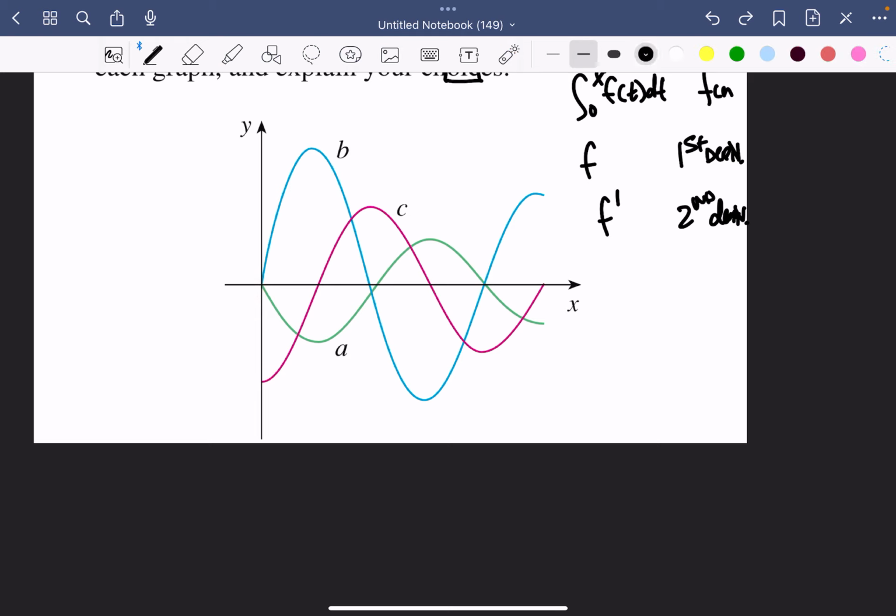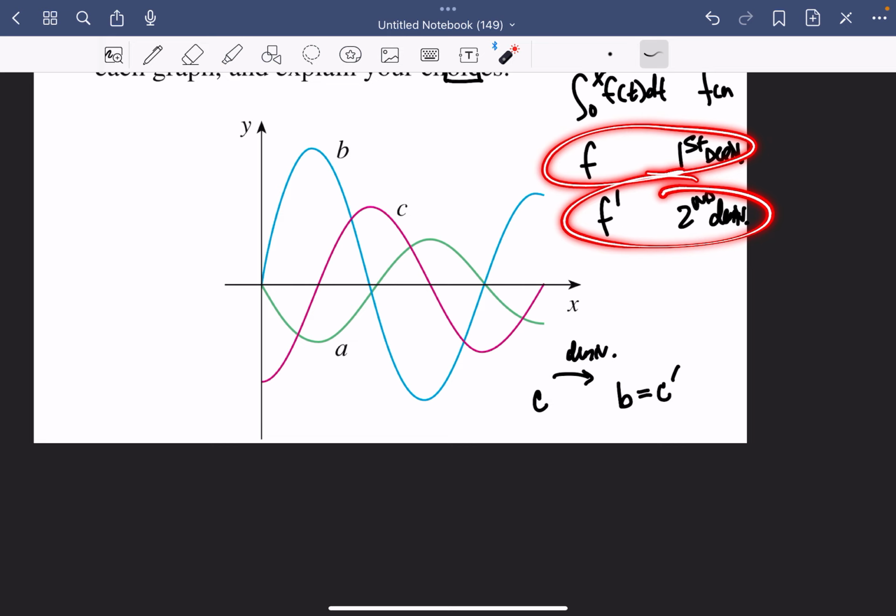So I think it's pretty clear that B is equal to the derivative of C. So I take the derivative of C to get B. So that means it's either f or it's f prime.